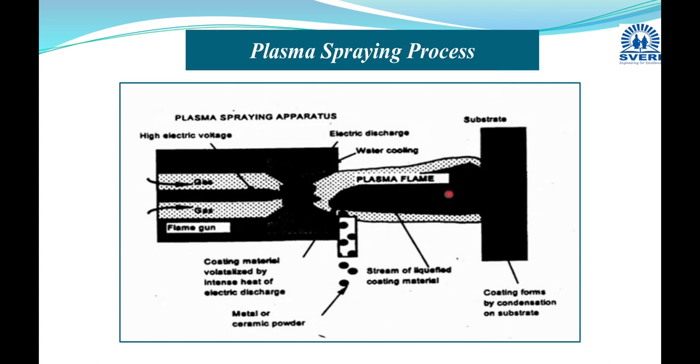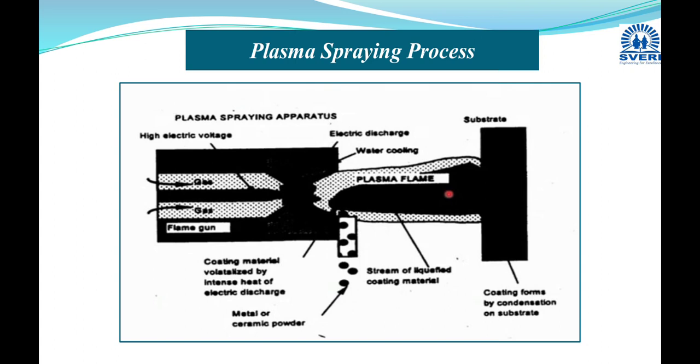Very high temperature is generated in this particular torch. You should have a constant cooling arrangement for this copper tube also. Here I have mentioned the cooling system also. Proper cooling has to be done so that there is no damage to the electrode, and that plasma heat is used for heating or melting of the powder which you are going to coat.